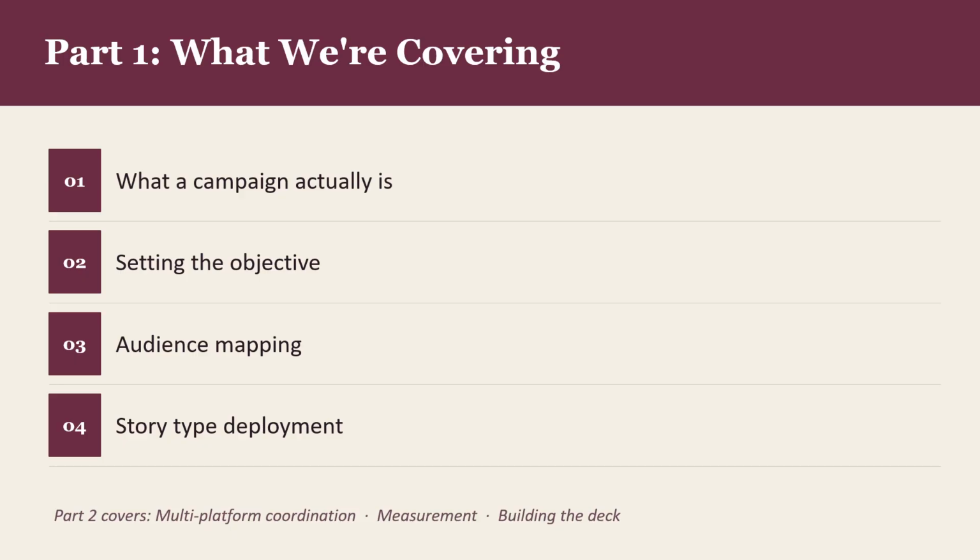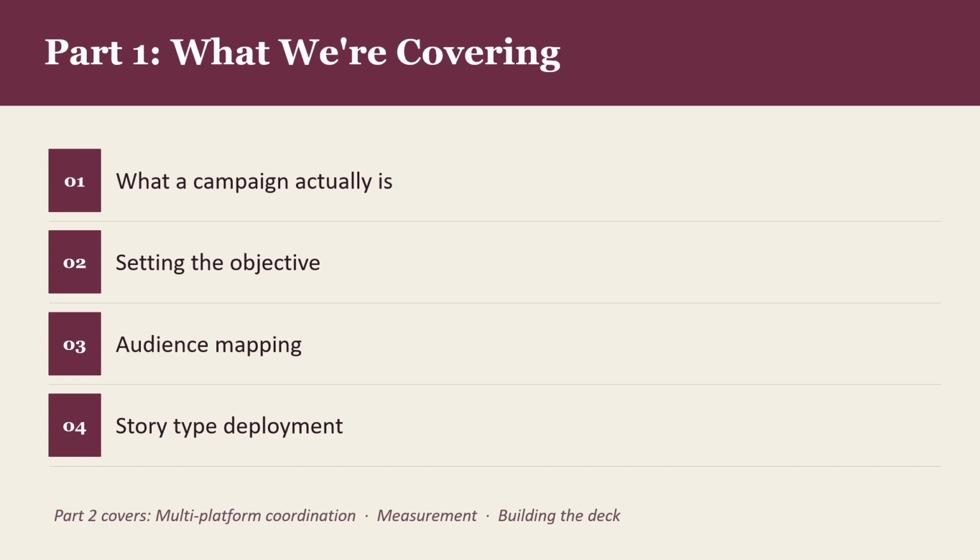There are 4 sections in Part 1. These are the foundational decisions, the ones you need to make before you write a single word of copy. Section 1 is definitional: what is a campaign, and how does it differ from the content series work you did in Module 7? Sections 2 and 3 are the most important decisions in the campaign design, the objective and the audience. You need to know what your message is and who you are saying it to.